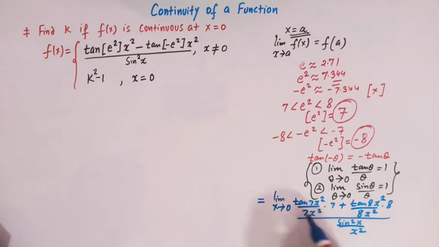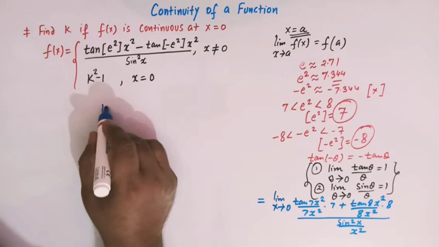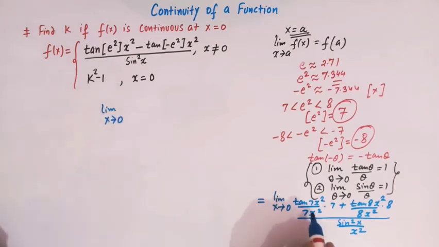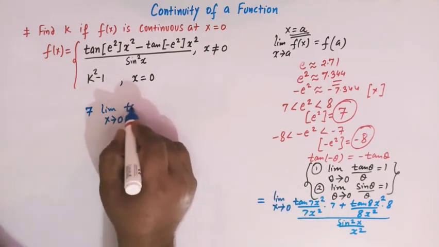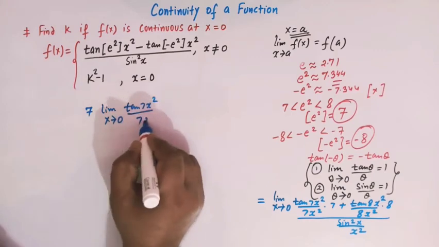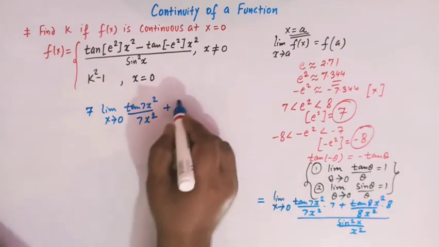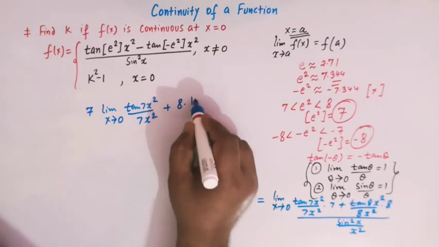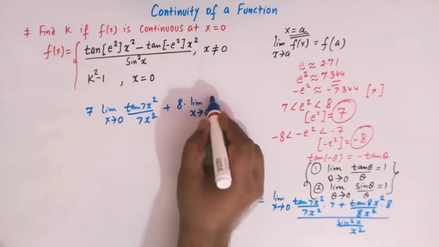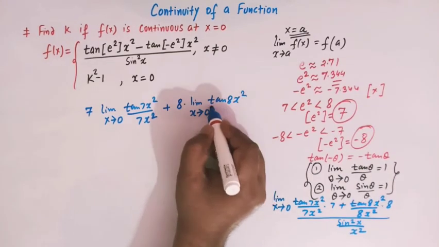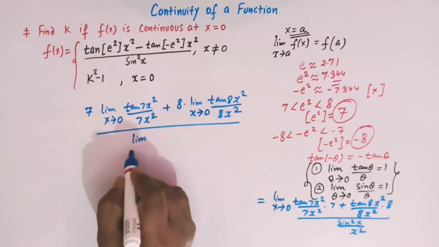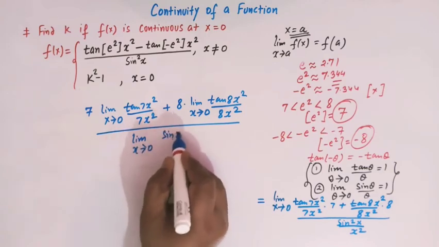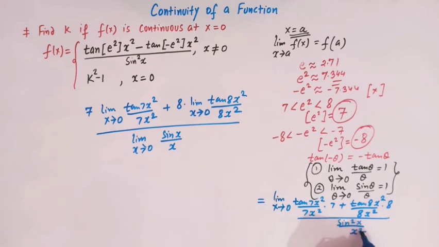So here we have limit x tends to 0, and here we can take 7 outside, so we have limit x tends to 0 of tan 7x square over 7x square, and then we have 8 times limit x tends to 0 of tan of 8x square over 8x square, and divided by limit x tends to 0, and we can write it as sine x over x, because this is square and this is square, so we can write here whole square, right?